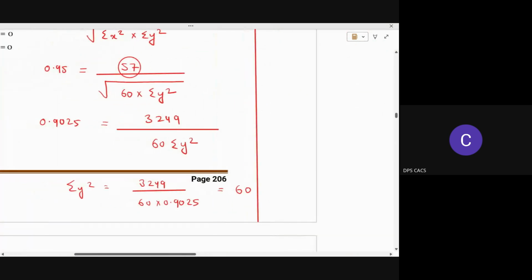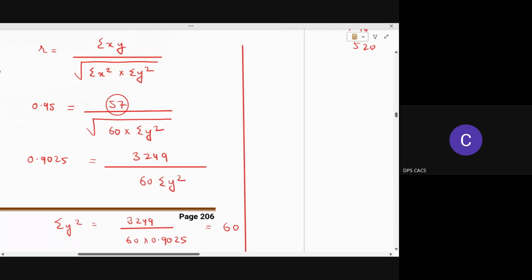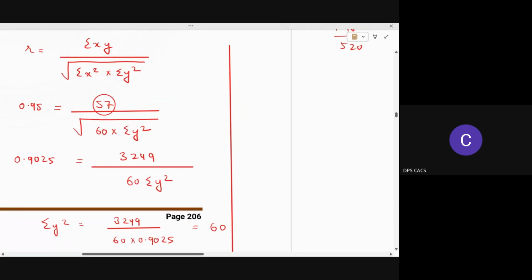Tell me which formula of variance I should use here. I have two formulas of SD. If you remove the root, it becomes variance. Which formula? Formula 1 of SD or formula 2? Variance of y, I am using this formula.